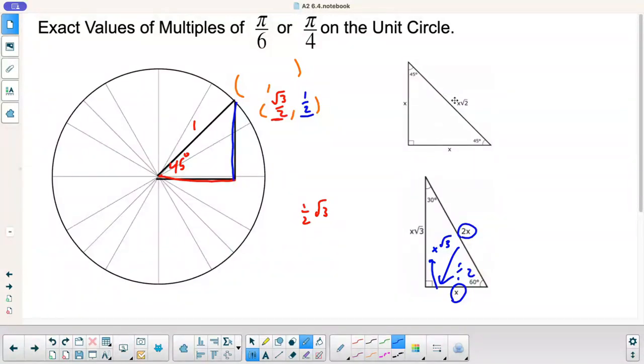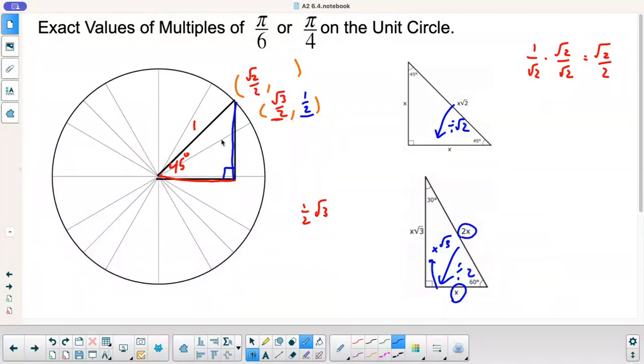So on the 45, 45, 90 triangle, if I know the leg, I multiply by radical 2. If I know the hypotenuse, I have to divide by radical 2. So really this is going to be, I'll do a little scratch work over here, 1 divided by radical 2, and then I have to rationalize that, so I get radical 2 over 2 if I wanted to simplify that.